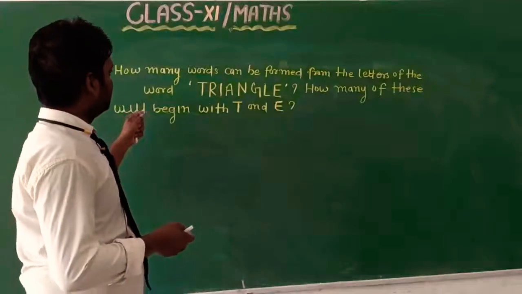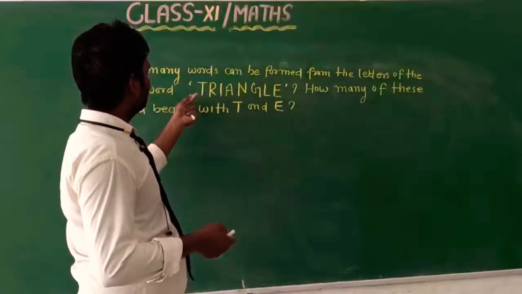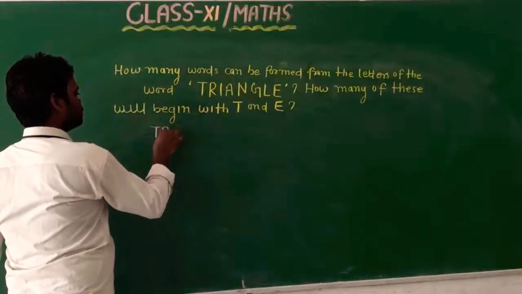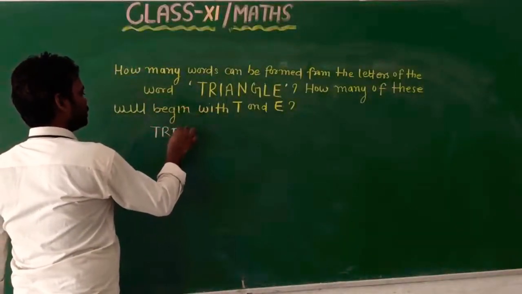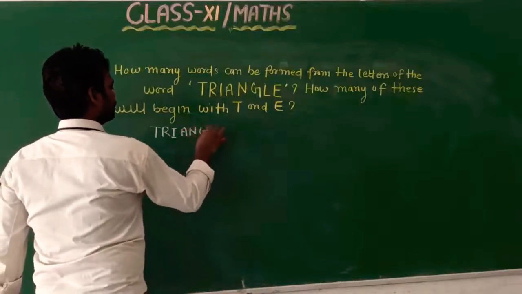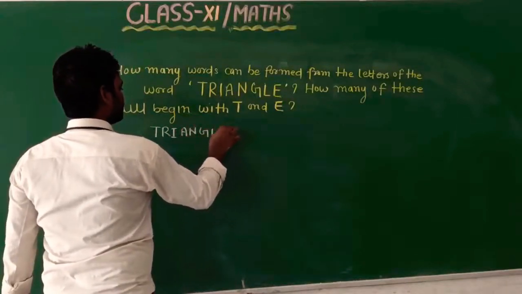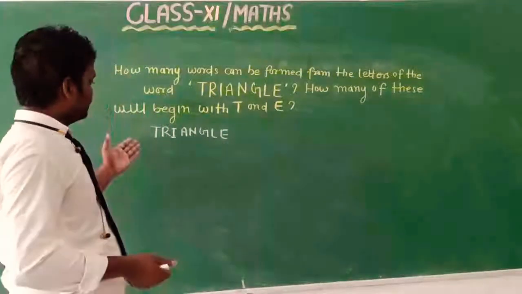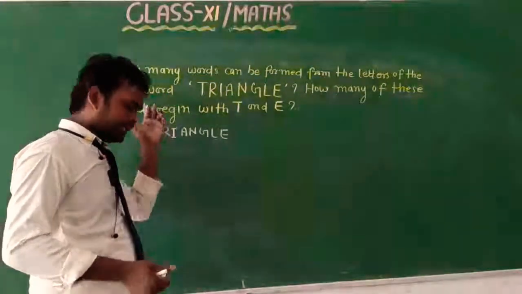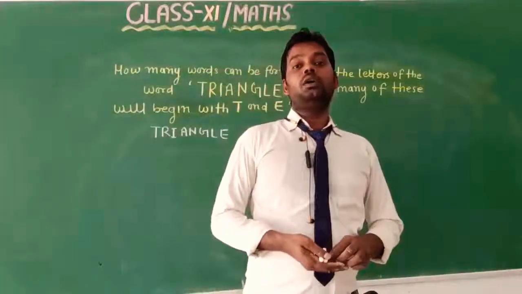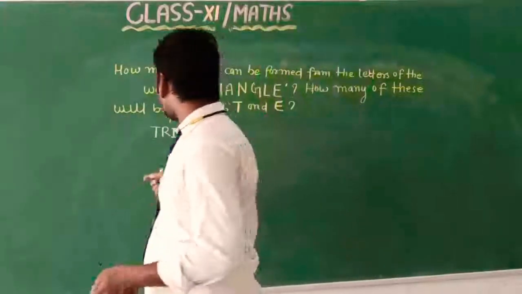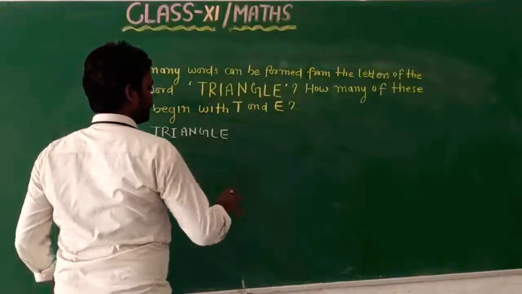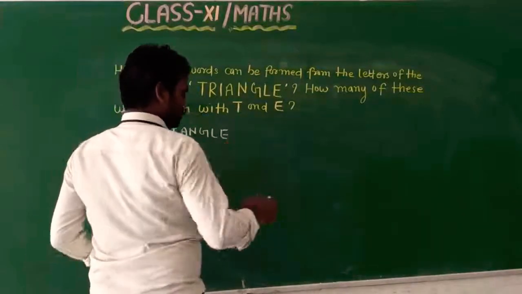Here, given the word triangle, all letters are distinct, with no repetition of any letters, and there are a total of 8 letters.